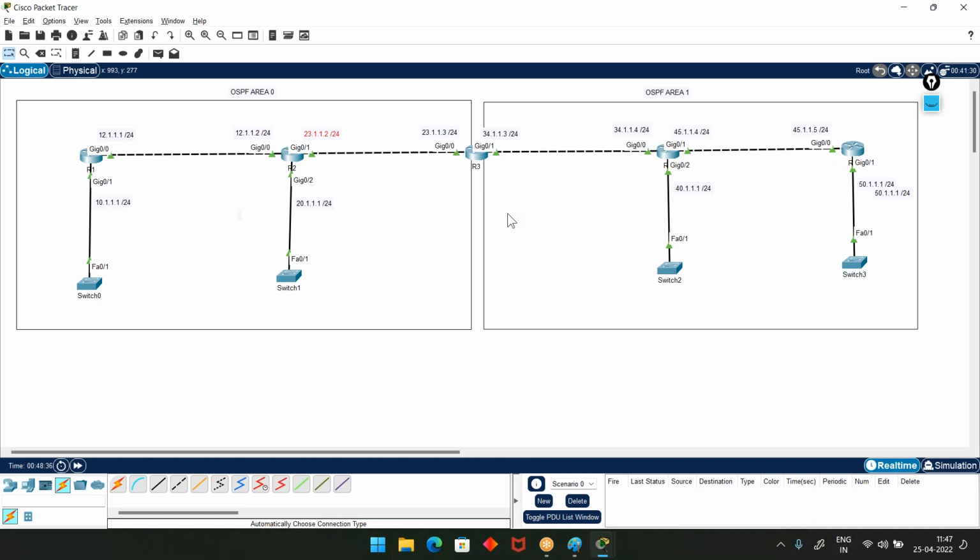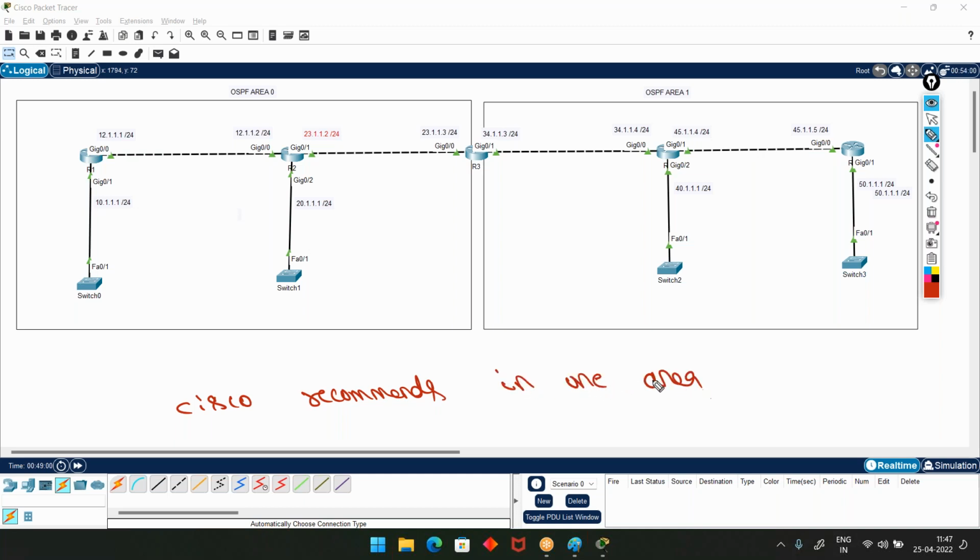Okay. One more point here, please note down, all of you. Cisco recommends that within a single area, we configure 40 to 50 devices only.